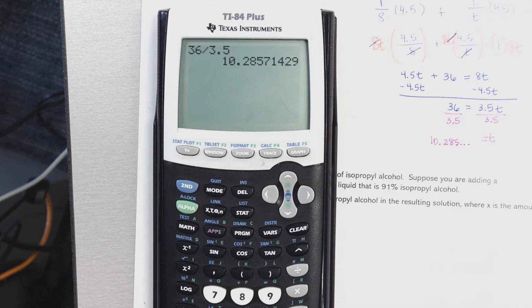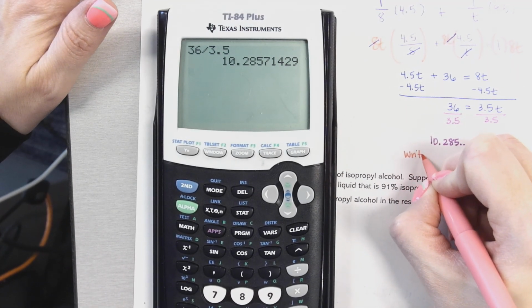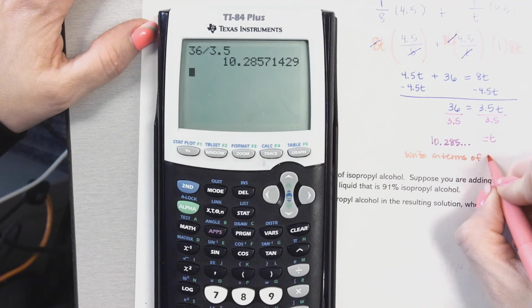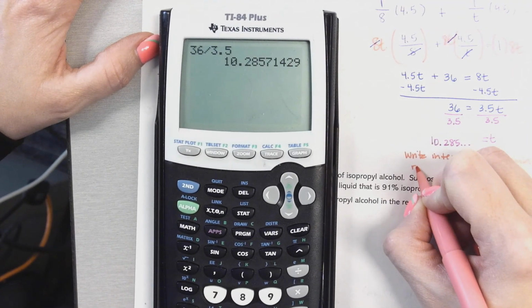We're going to convert this in terms of hours and minutes. Okay, so right in terms of hours and minutes, and we're going to round to the nearest minute.